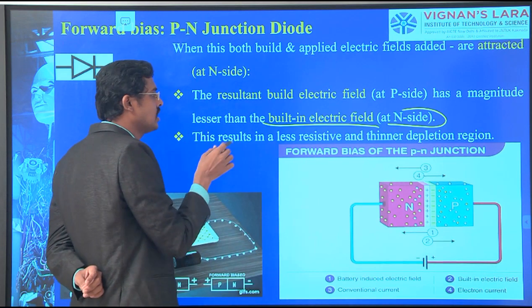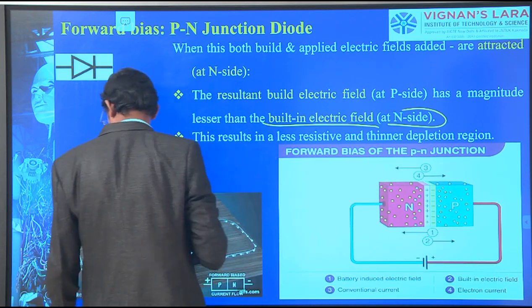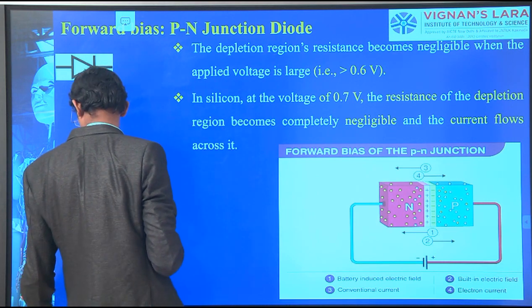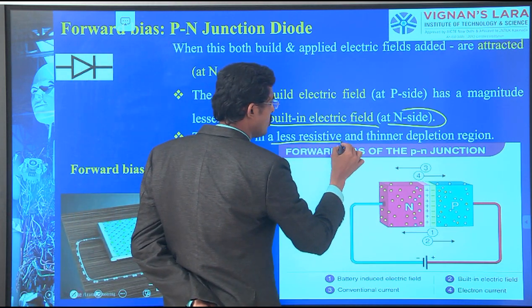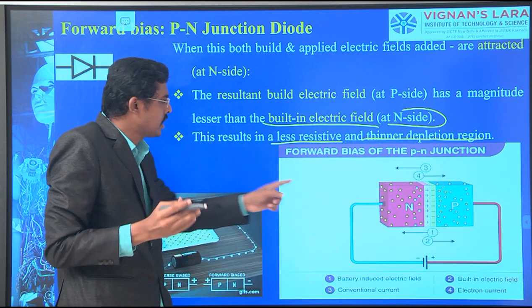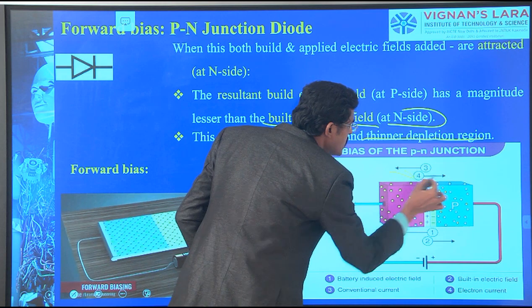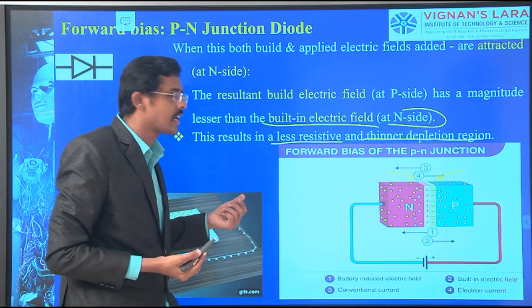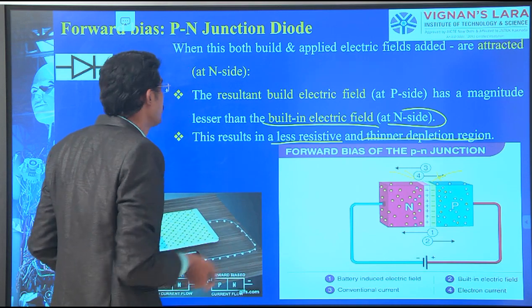The resultant is less resistive. So this is the word we should mention: it has less resistive and a thinner depletion region. The depletion region will become thin as we apply more voltage here. So it creates a breakdown voltage greater than 0.7.